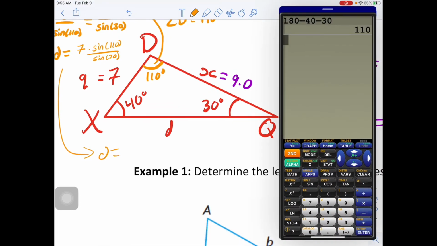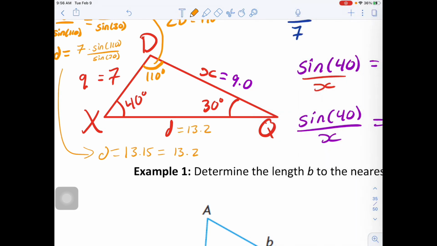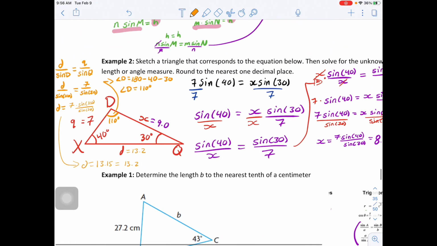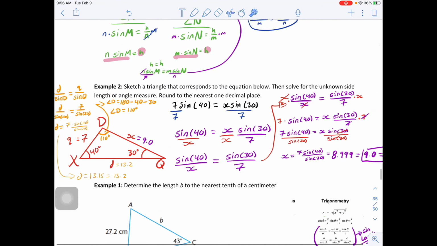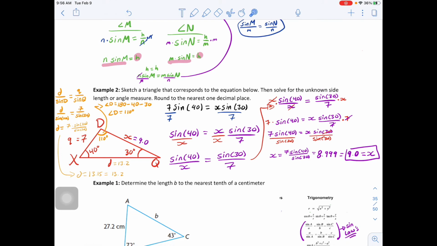So 7 times sine 110 divided by sine 30, and I get a side length of 13.15. We're going to round to one decimal place, so it's 13.2. So D equals 13.2. So we've actually solved this entire triangle now using our sine ratios twice, or our sine laws.